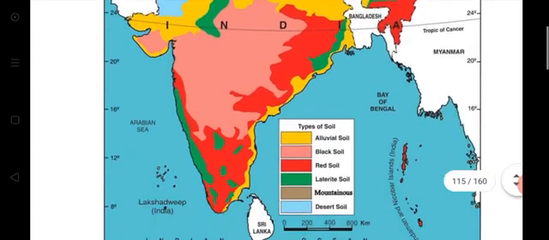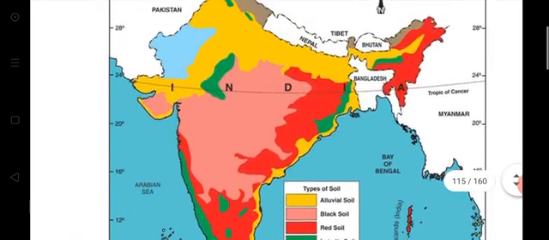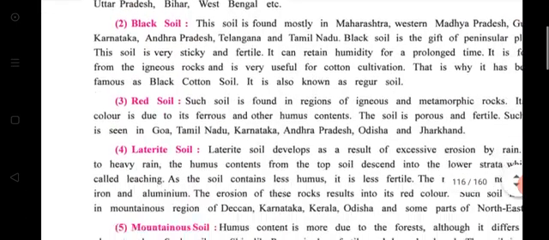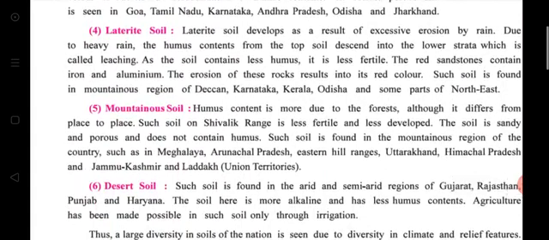So you can see it on the map also. Which regions? Karnataka, Kerala, Odisha, and also some parts of the north east.